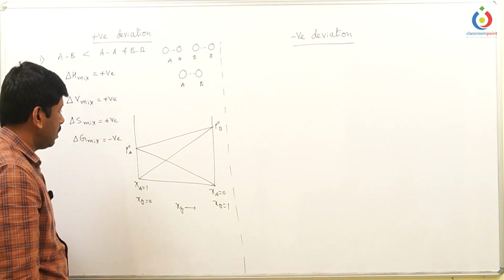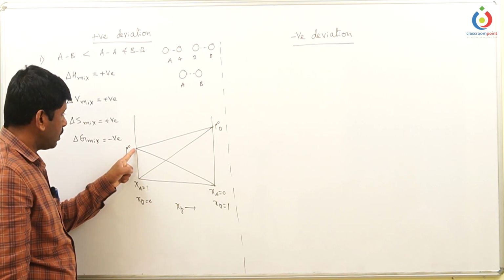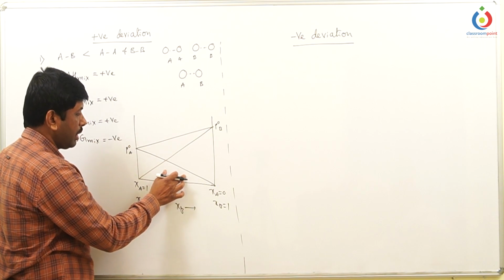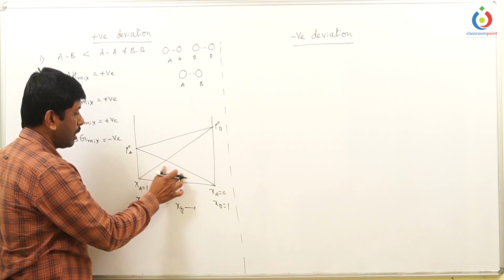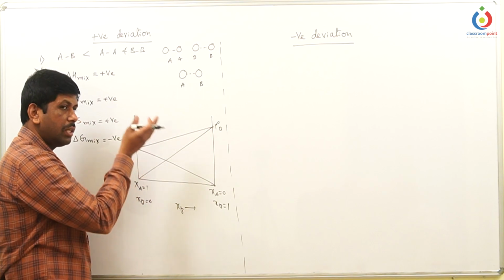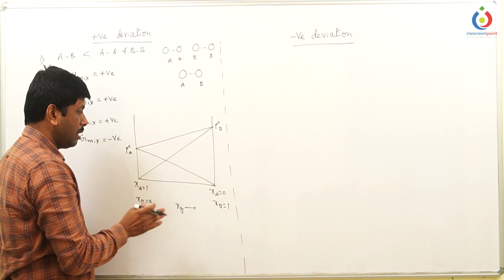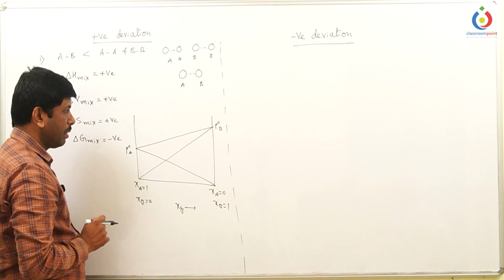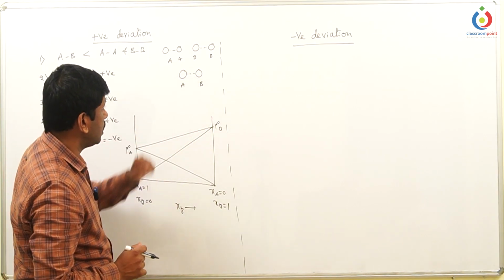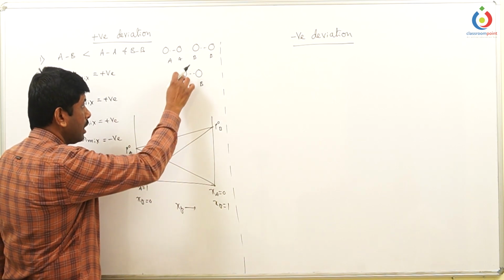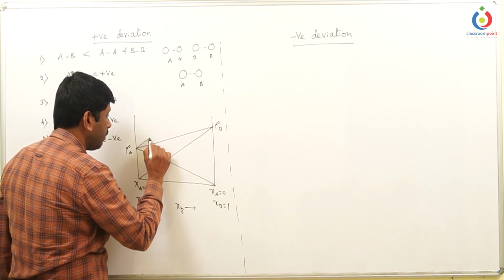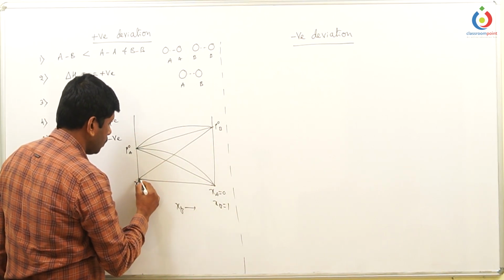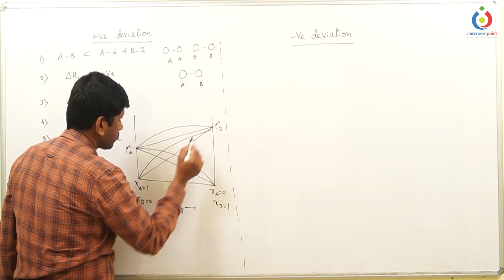In this Raoult's law graph, see here the P naught A value is this one. Now when in the solution, attractions are weaker, automatically the vaporization increases, vapor pressure also increases. This Raoult's law graph is basically about the mole fraction versus the vapor pressure. Since these attraction forces are weaker, whenever they are in the solution, they will show a higher vapor pressure than the Raoult's law graph. So like this, higher vapor pressure.